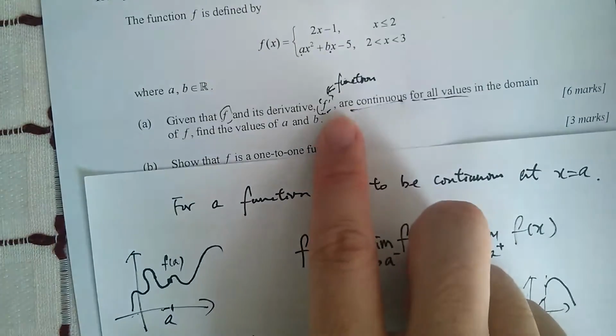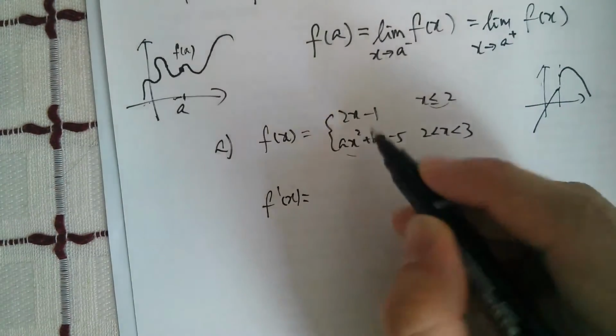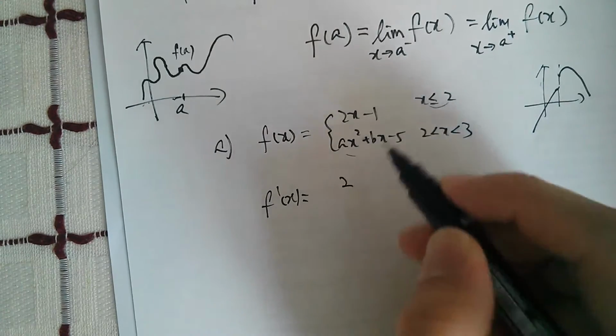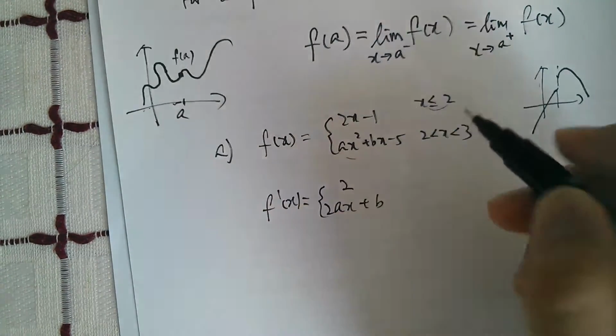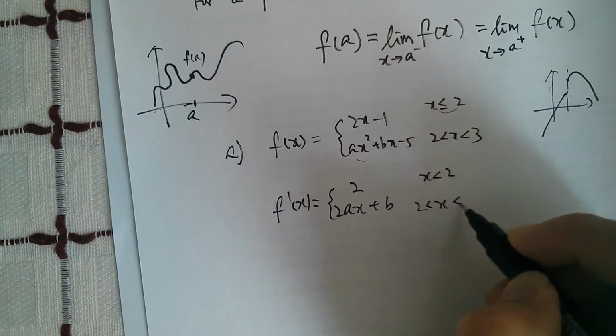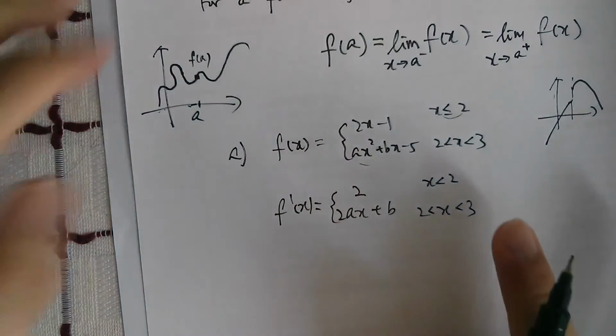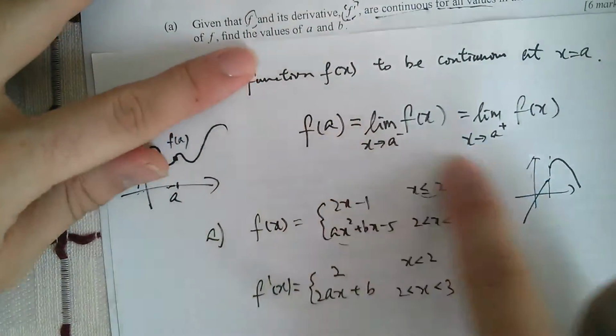Since they also talk about the derivative, we may just also find the derivative. So we differentiate this as 2, and differentiate this as 2ax plus b, for x between 2 and 3. Then they say both of them are continuous, so we're going to use this.